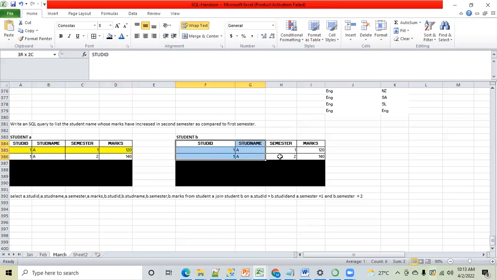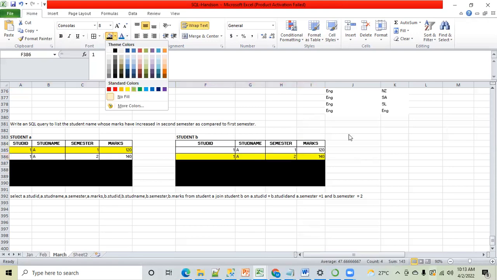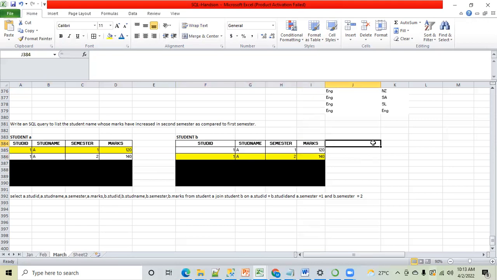From the second table, which semester record should I pick? Second. Why? Because we are comparing semester 1 to semester 2, right? I need to pick the semester 2 record from the second table.